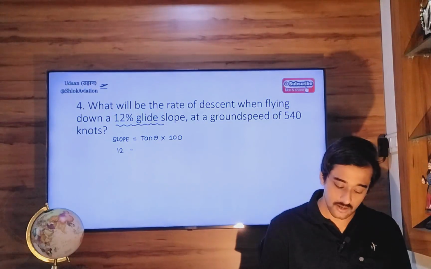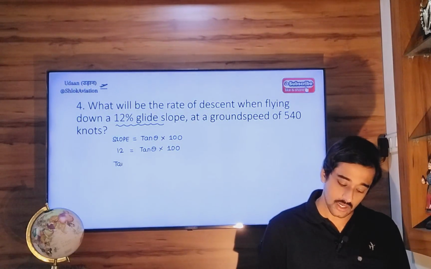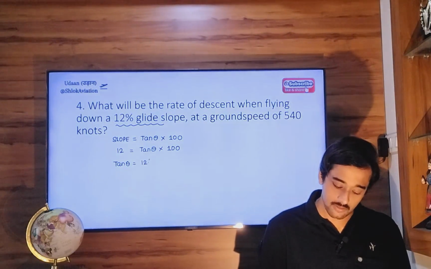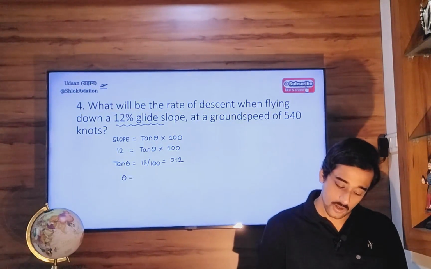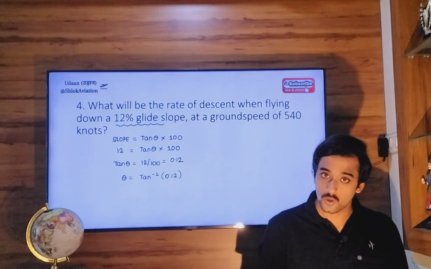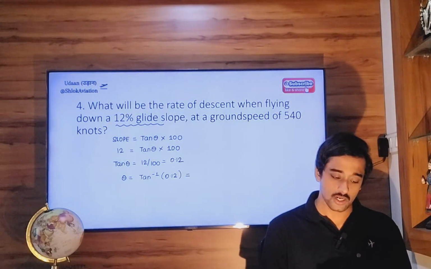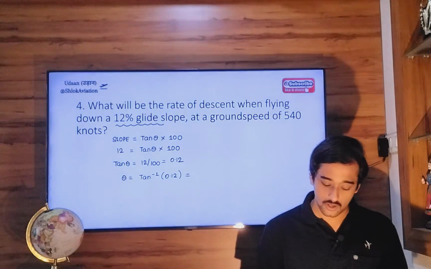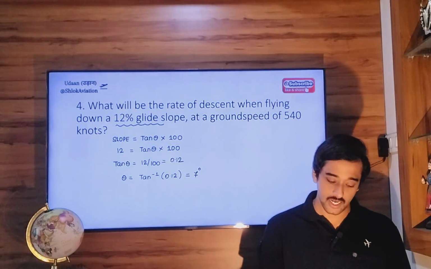So 12% equals tan theta into 100. So tan theta equals 12 divided by 100, which is 0.12. So theta equals tan inverse 0.12, which is 6.8, so approximately 7 degrees.